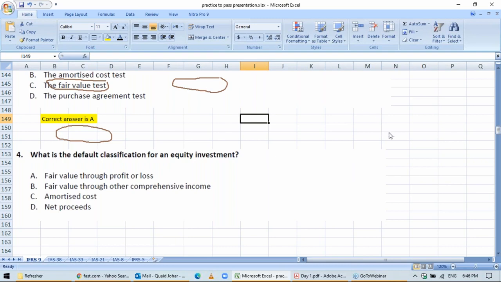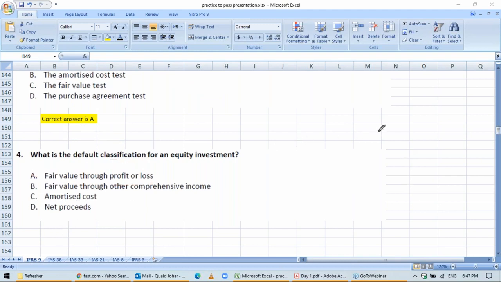So the correct answer to this is fair value through profit or loss. Now I'll show you a table in which the concept is given, what the categories are and how we decide regarding these items.